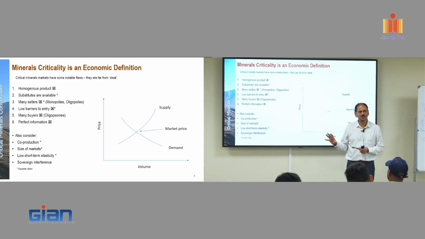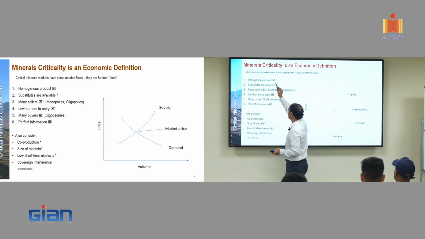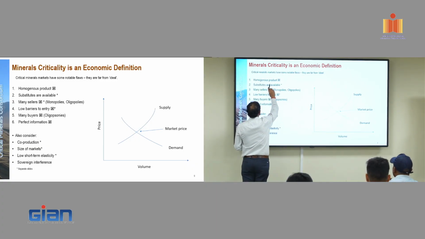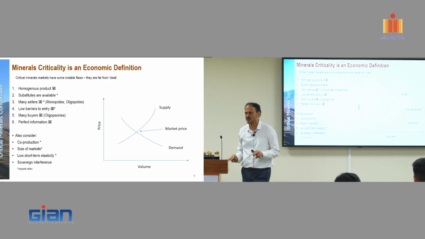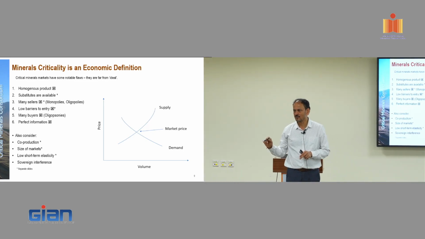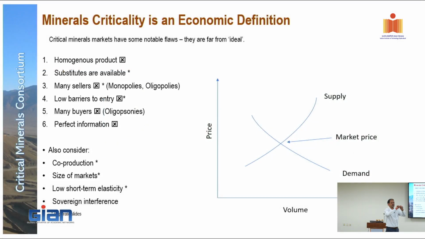But when it comes to most critical mineral markets, as you can see, they are non-homogeneous products. If you look at copper, it is more homogeneous, right? You bring it to 99.999% purity, and then some copper goes into making electric cables, some into pipes for plumbing fittings, some into sheets, but it's pretty much a uniform or homogeneous product, right?